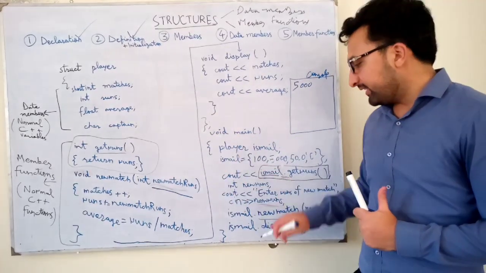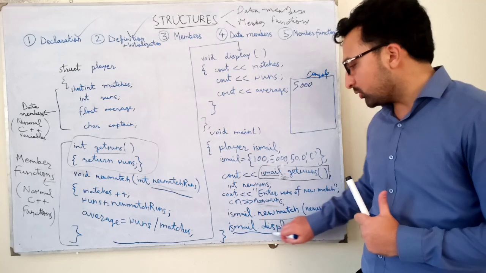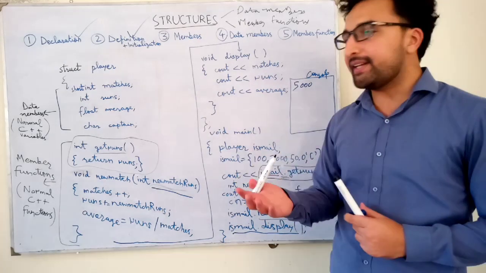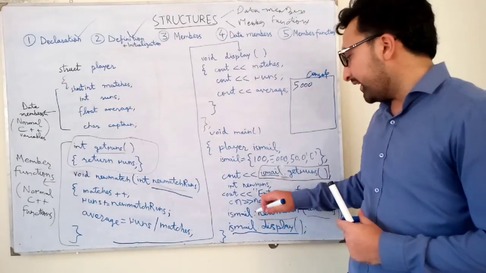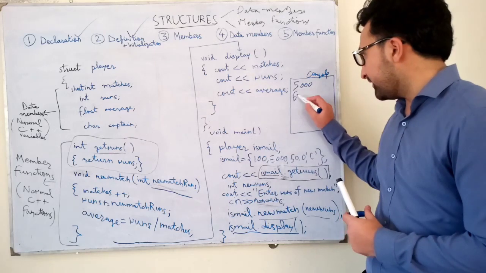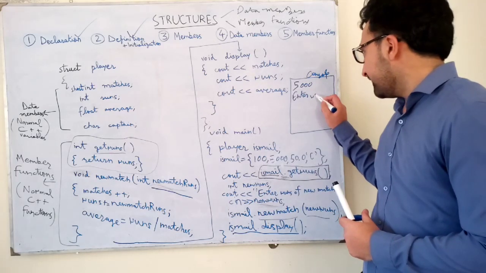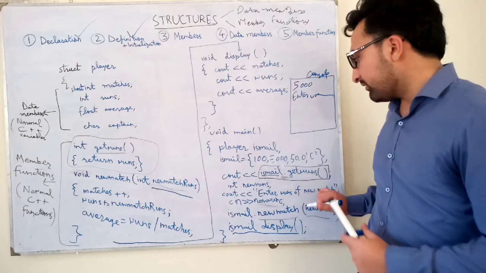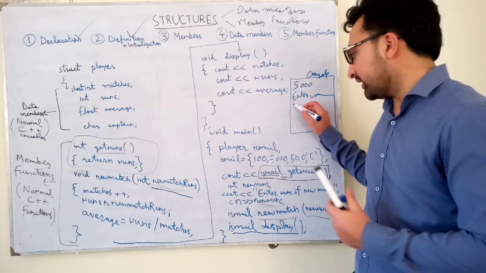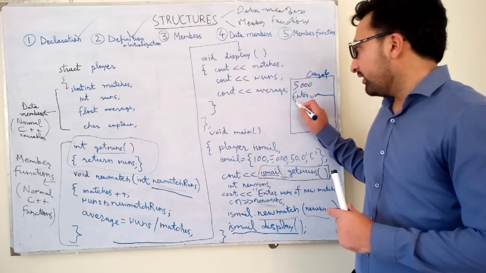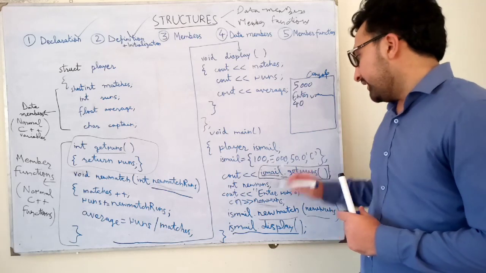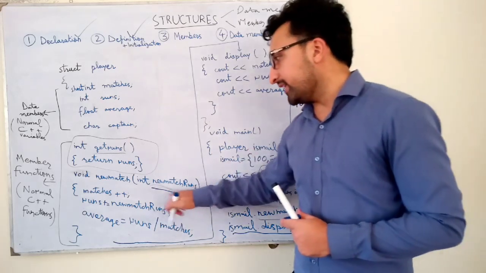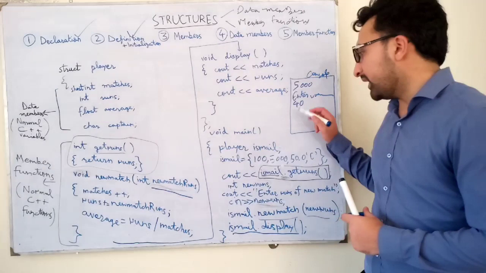After that, at the end, we want to display that updated data. So here we can write on the console, enter runs of new match. This will be written here. The user will enter, for example, 40 runs. When the user enters 40 runs here, it will increment the matches by 1.